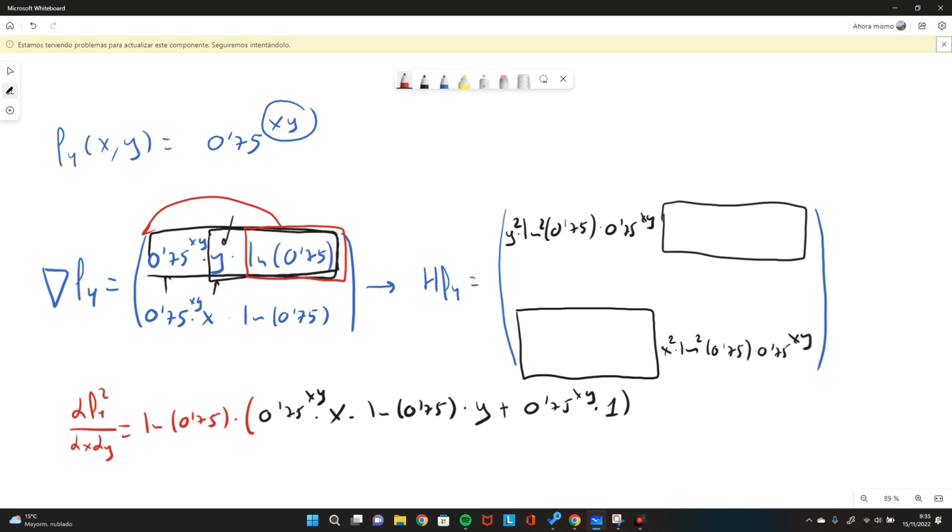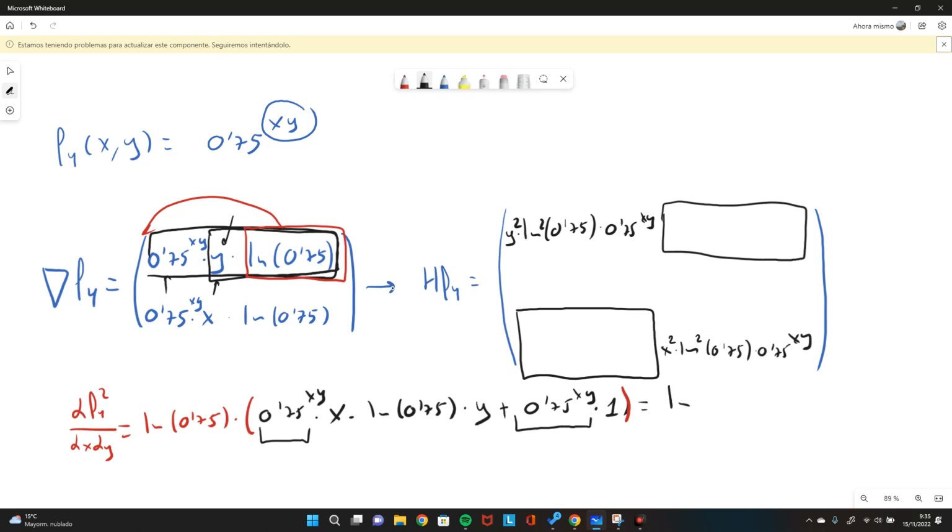I'm going to write it in red, so see, this all multiplies the natural logarithm of 0.75, and so what we have here actually is again something we can take as common factor, which is 0.75 to the power of xy.